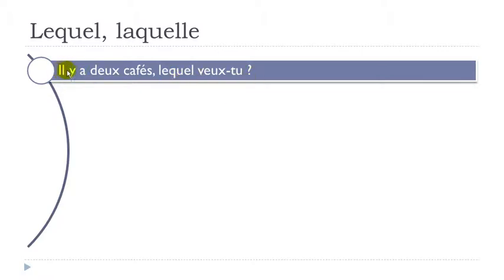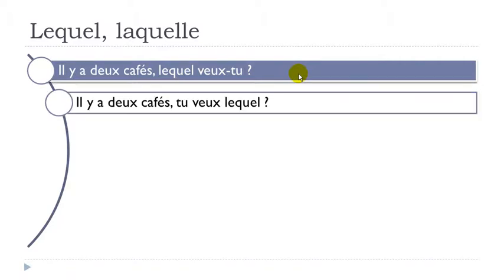Okay, so il y a deux cafés, lequel, so in that case, just to avoid repeating quel café, okay? Veux-tu, so remember, vouloir is to want, tu, you, okay? Do you want? So, lequel veux-tu? Il y a deux cafés, lequel veux-tu? All right, or then it's possible as well.